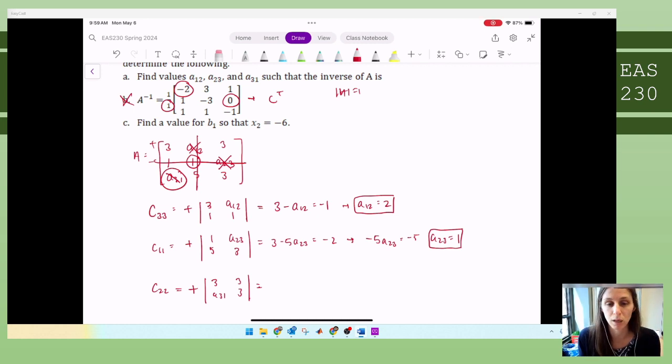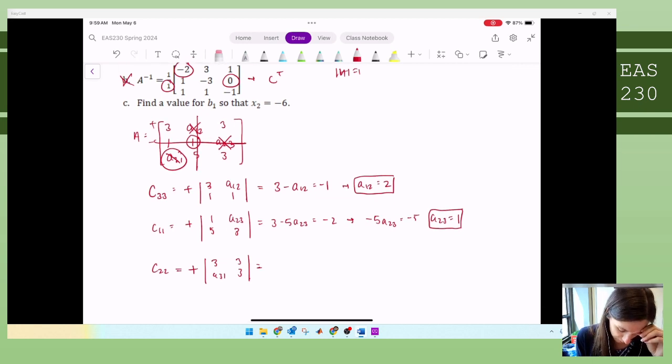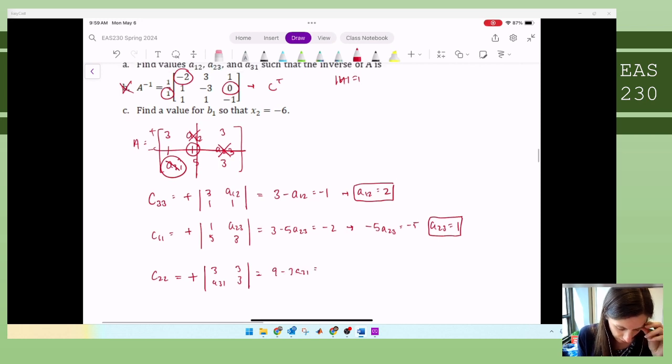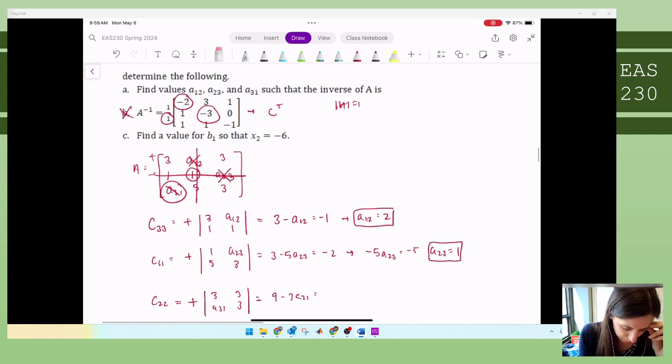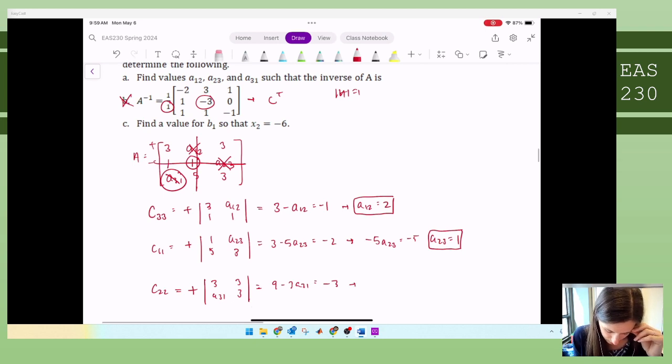Just so happens you pick the right unknown. So that's 9 minus 3A31, and that should equal this number here in my cofactor matrix, negative 3. So that means negative 3A31 equals negative 12.